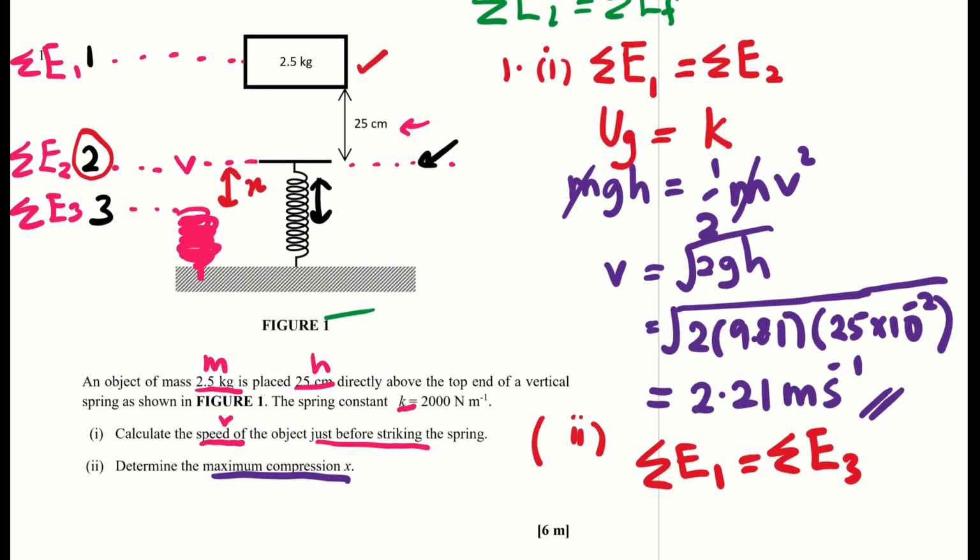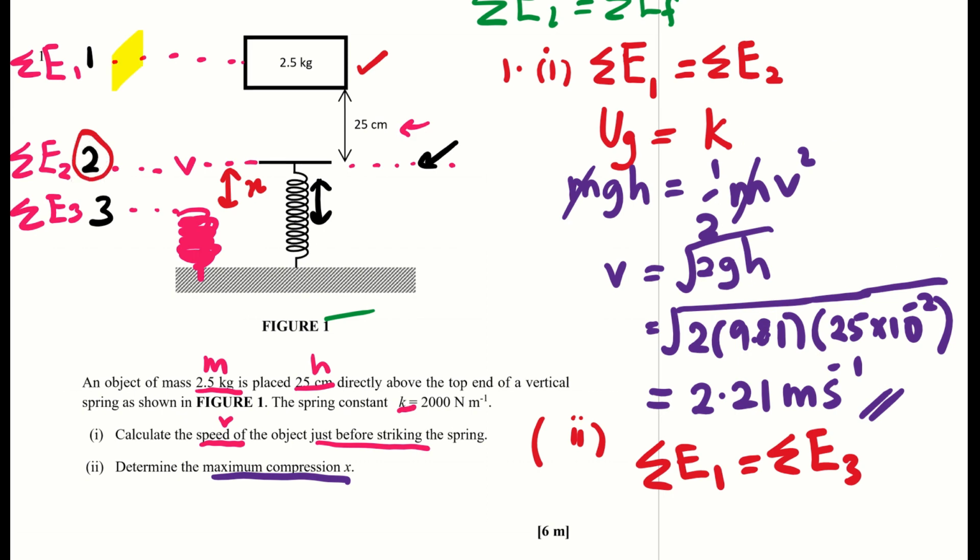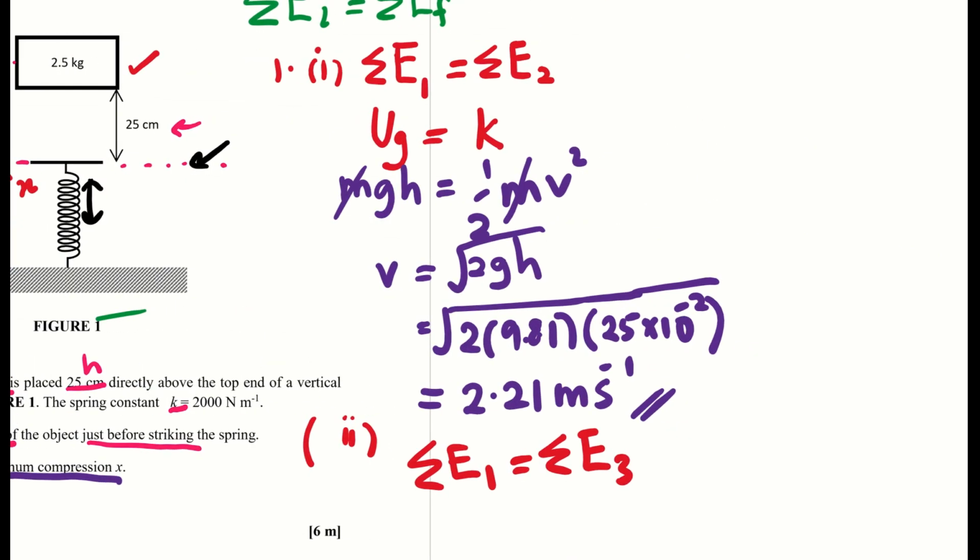Or you have the other option: you can also compare the summation of E at position 2 and position 3, because you have got the velocity at position 2.